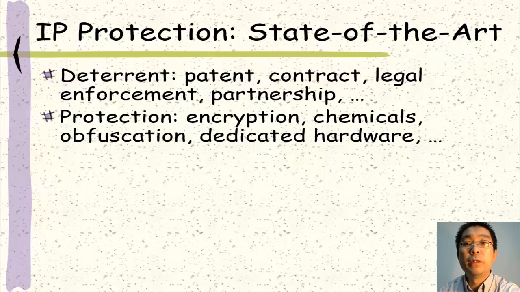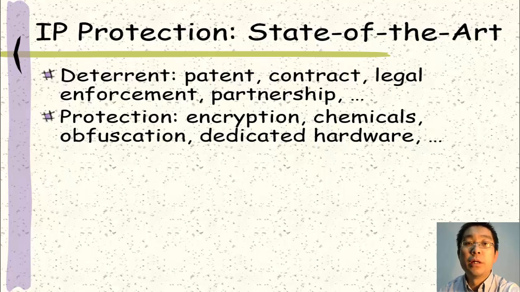Chemicals can also be integrated into the chip for passive protections, mainly for military devices. When the surface of the chip is scratched and exposed to the air, it will damage the exposed silicon and thus prevent reverse engineering. Meanwhile, obfuscation methods have been proposed at various design phases in order to disguise the design and make reverse engineering much more difficult.